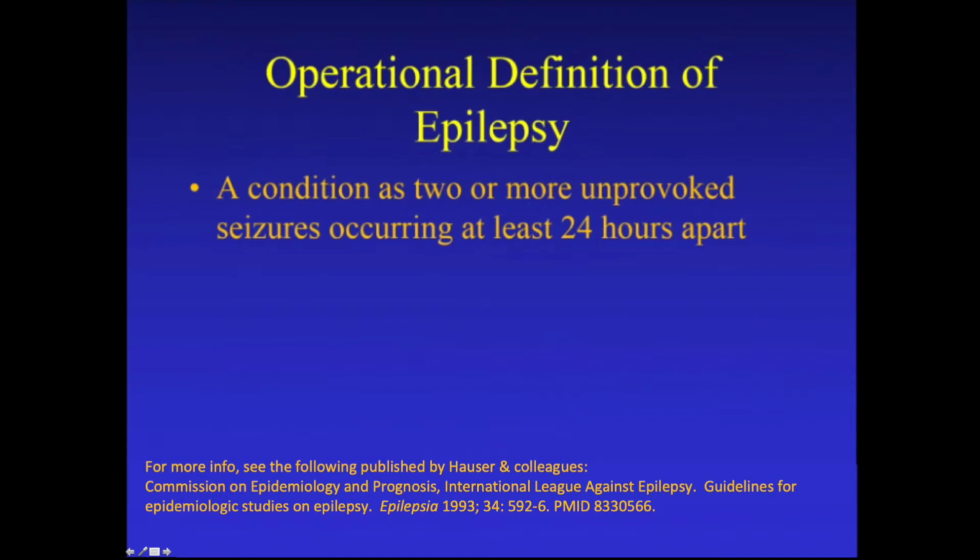And there are various reasons for that particular definition, and I think it's been relatively well documented in studies to show that recurrence risk for unprovoked seizures is about the same if you have multiple seizures, or for that matter, status epilepticus as a single event, or in a 24-hour period.